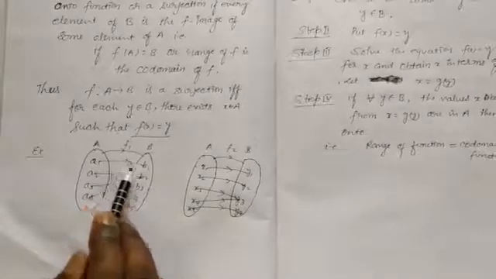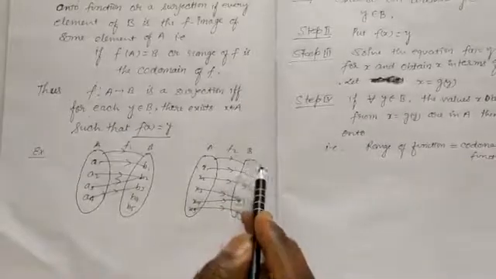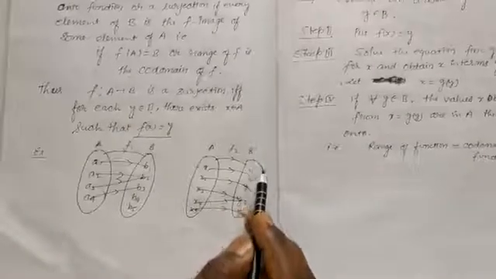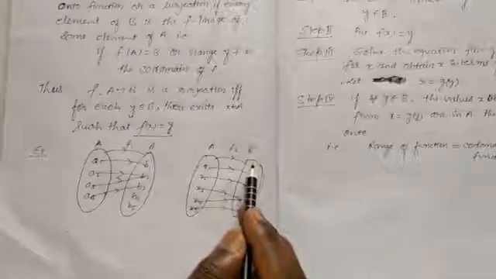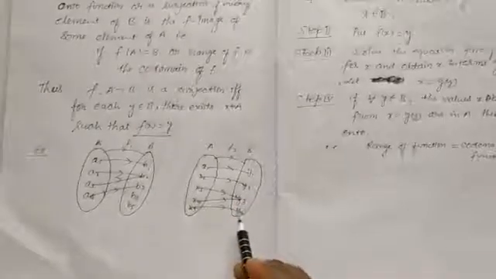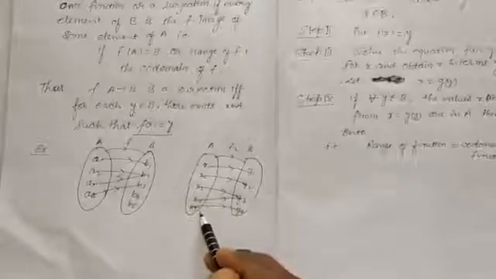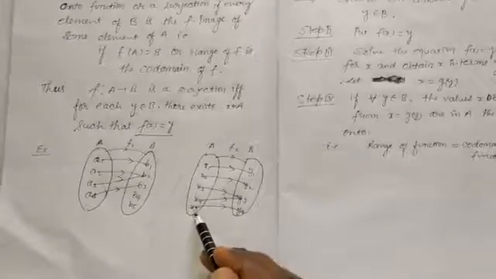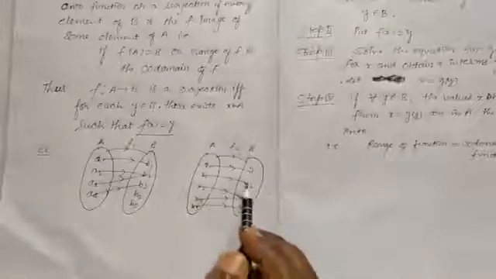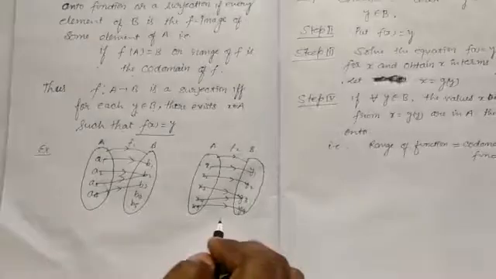Now for f2, the codomain set B has elements y1, y2, y3, y4. Every element is associated to an element of set A, so f2 will be an onto function.